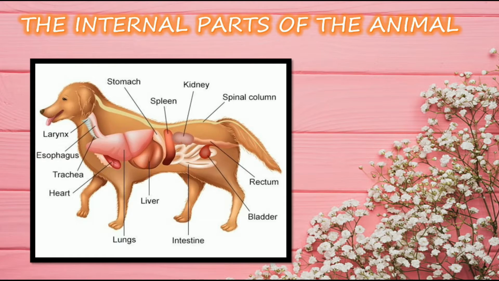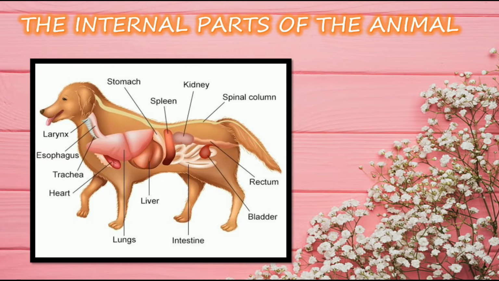The waste will come out with the help of the rectum. The bladder is used to separate the waste from the energy. Next comes intestine. The work of the intestine is to extract the water and electrolytes, and it also controls defecation, that is allowing the waste to go out.